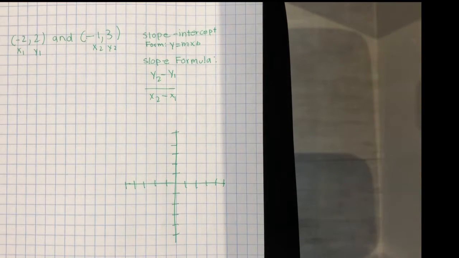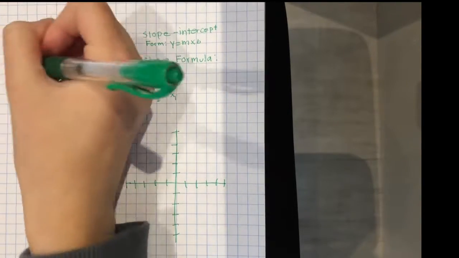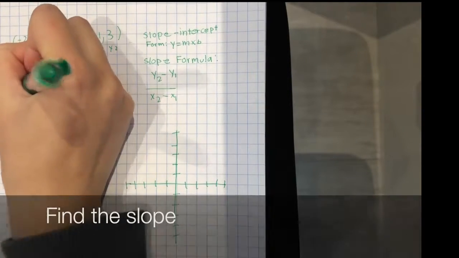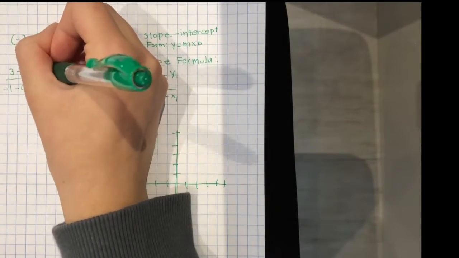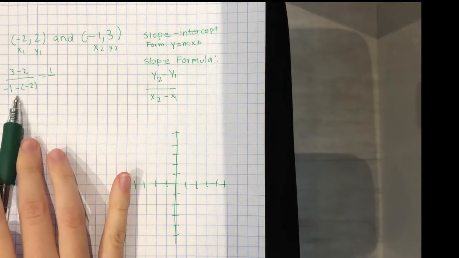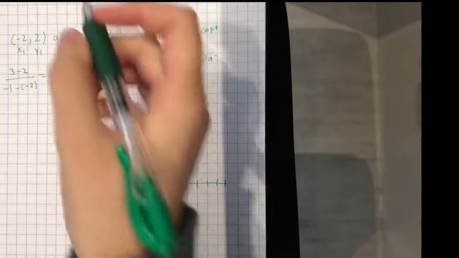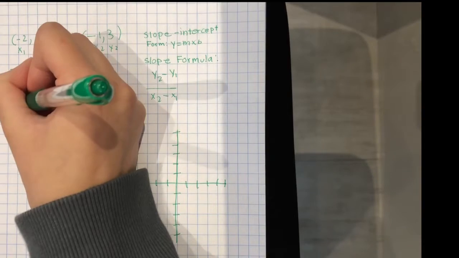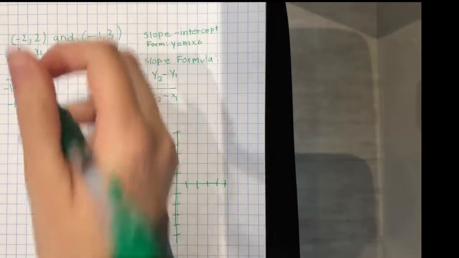So when I write that out, I have 3 minus 2 over negative 1 minus negative 2 equals 3 minus 2 is 1. Two negatives make a positive, so then I have negative 1 plus 2, which is 1.